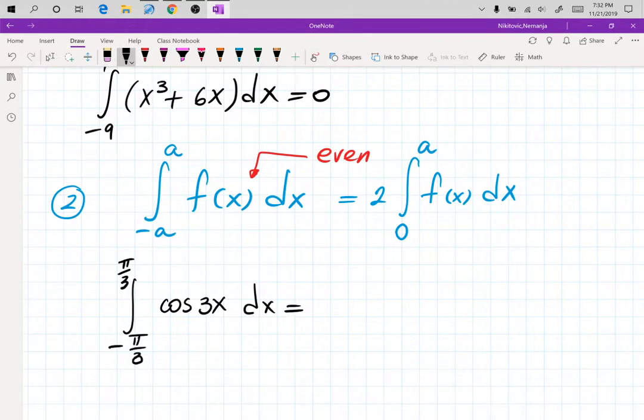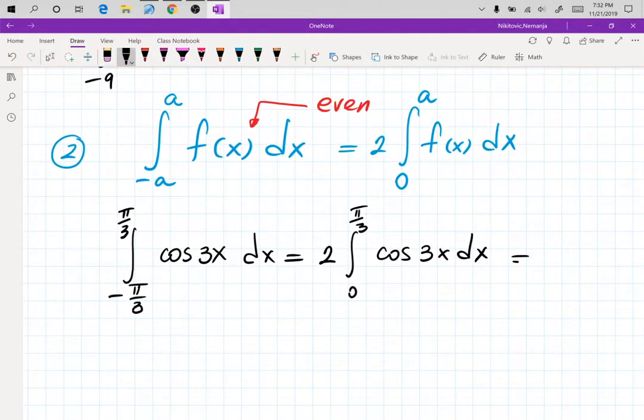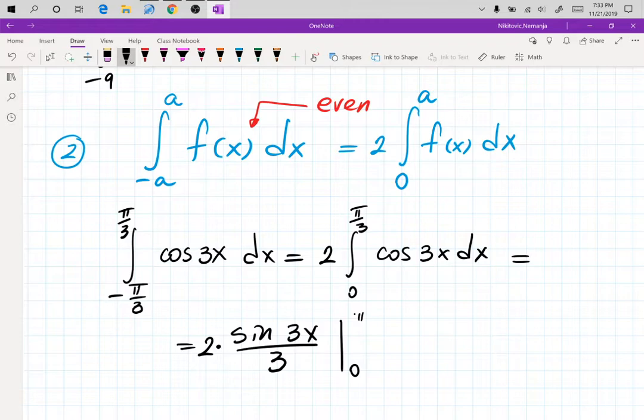This is an even function, so you have 2 times the integral from 0 to pi over 3 of cosine 3x dx. And now the integral of cosine goes into a sine, so we have sine 3x over 3. You have to remember that over 3 there. There is a 2 in front, which is a constant you copy. And then you are computing from 0 to pi over 3.